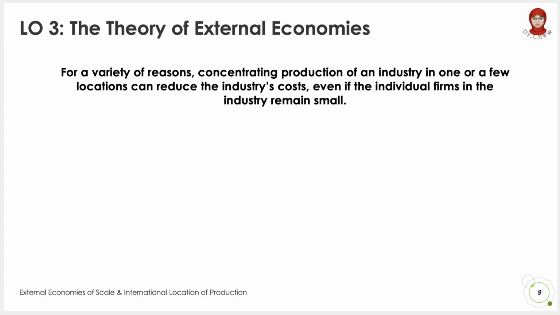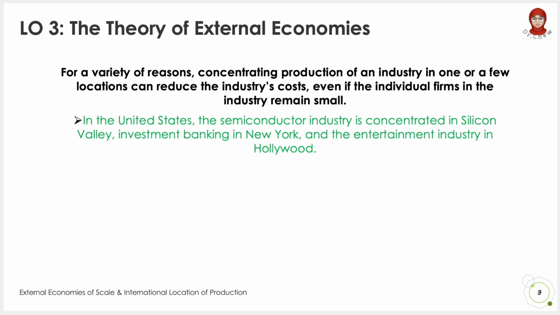There are many modern examples of industries where there seem to be powerful external economies. In the United States, these examples include the semiconductor industry, concentrated in California's famous Silicon Valley, the investment banking industry, concentrated in New York, and the entertainment industry, concentrated in Hollywood.